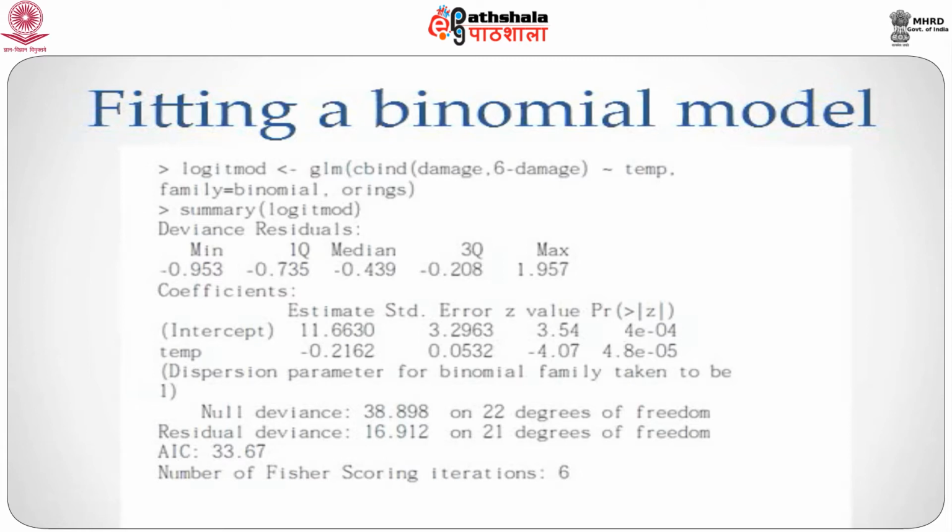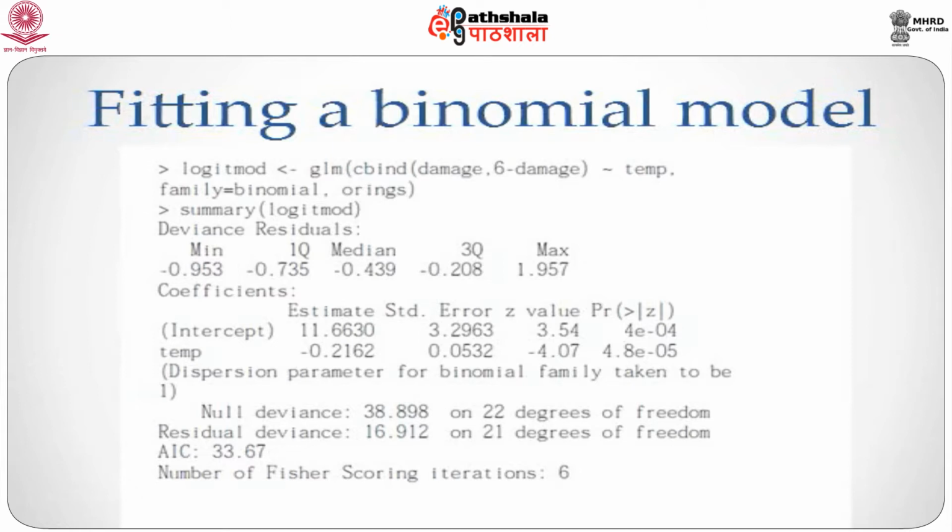Note that we have not specified here that the link to use is the logit link, and the reason is that for the GLM function, the default link, which will be used if no particular link is specified, is always the canonical link, and you know that for binomial data this turns out to be the logit link.